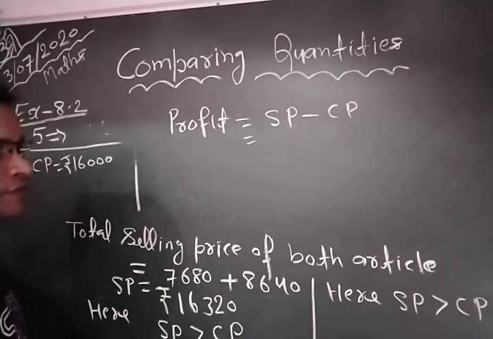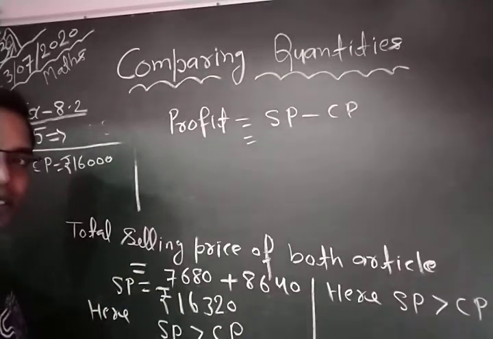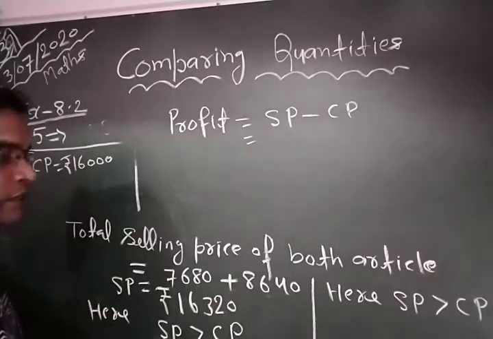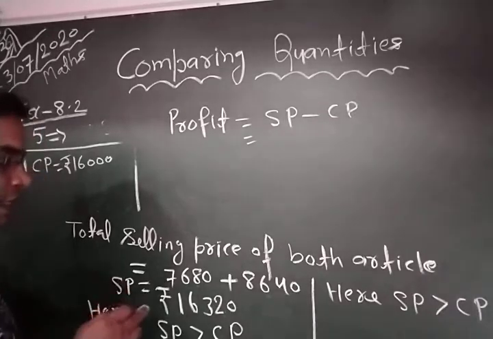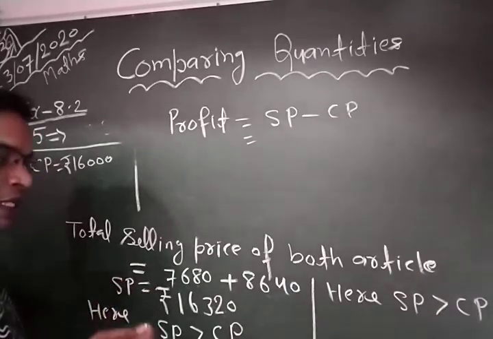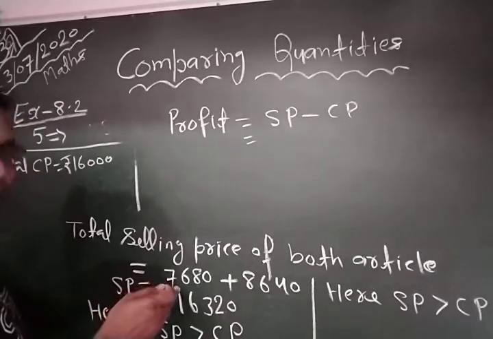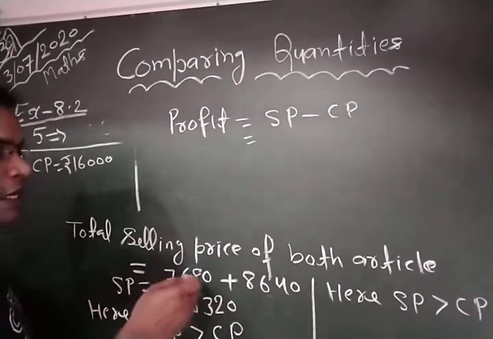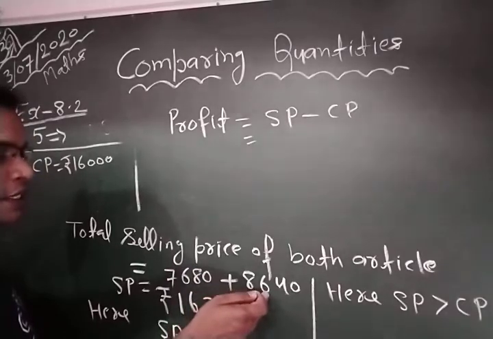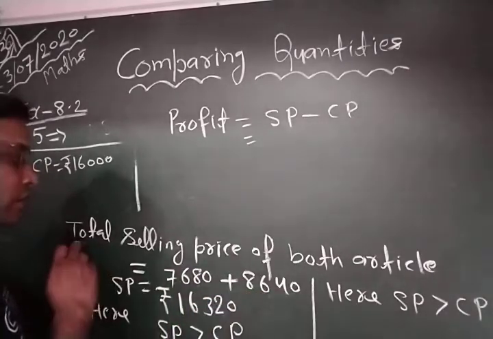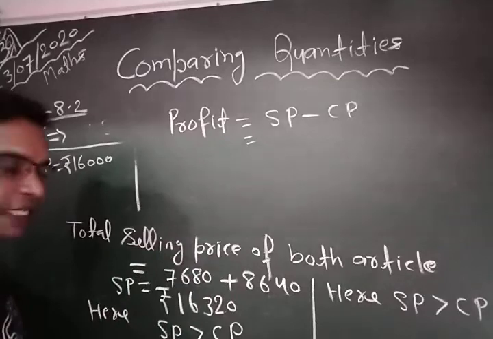Now we find the selling price of TB and BCR. The shopkeeper sold BCR at a loss of 4% and TB at a gain of 8%. So the selling price of BCR is 7,680 and the selling price of TB is 8,640.